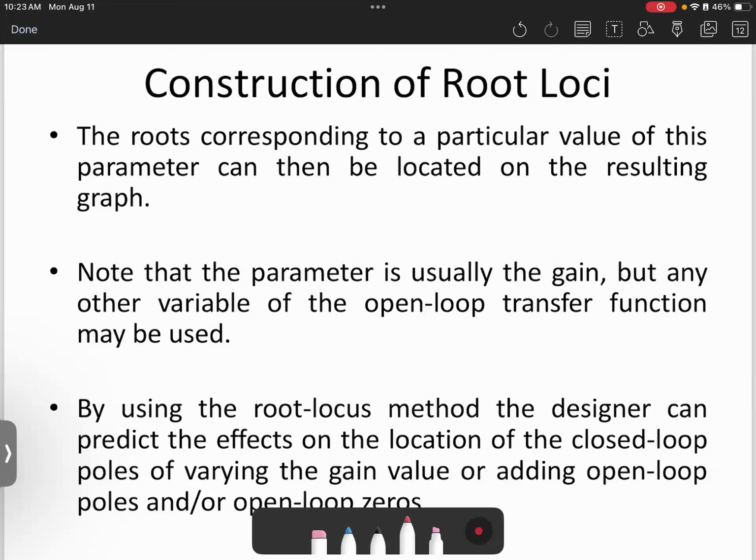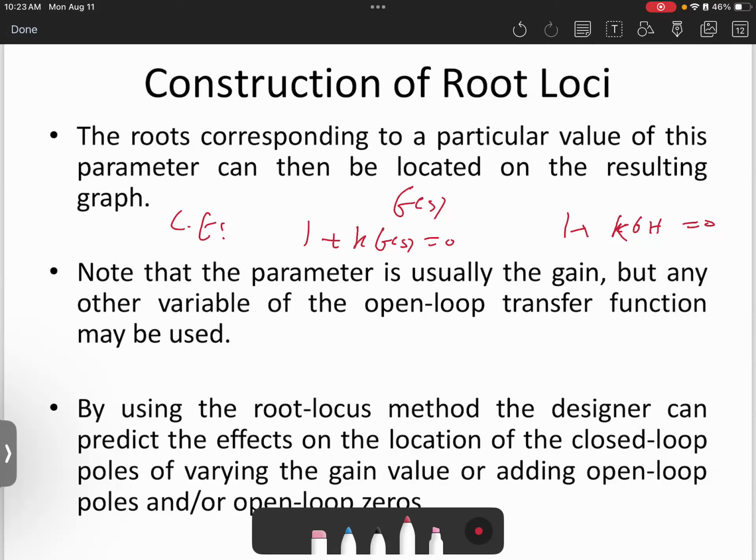So basically, in the root locus, we will focus on the open loop transfer function. G of S is the open loop transfer function, and in the root locus we look at the closed loop characteristic equation, 1 plus k G(s) equals 0, or 1 plus k G H equals 0 if there is feedback, or if it's unity feedback, H equals 1.